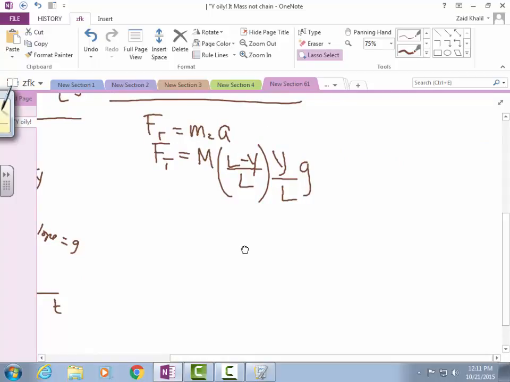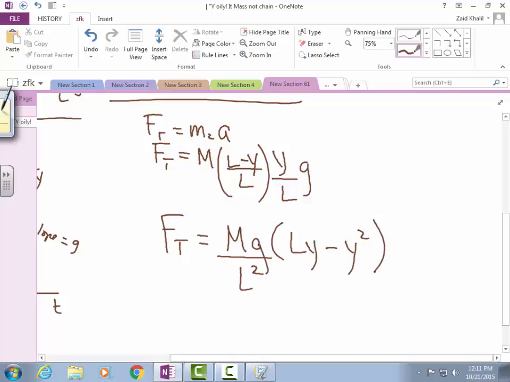All right, so here's your expression. Let's clean this up a little bit. We get Ft is equal to m over L squared times Ly, well, there's a G here, minus y squared. Naturally, I'm going to ask you what?